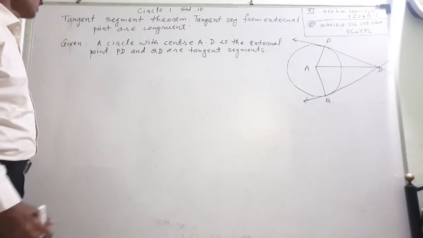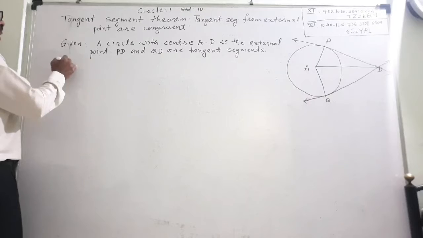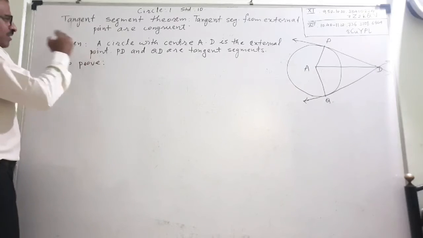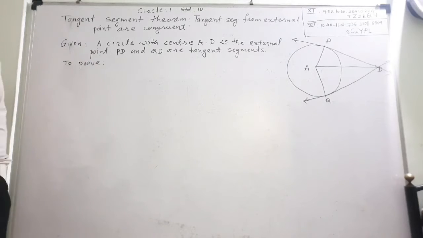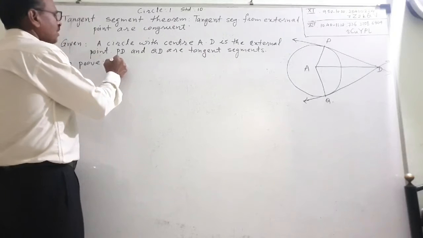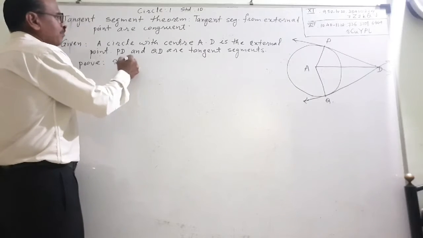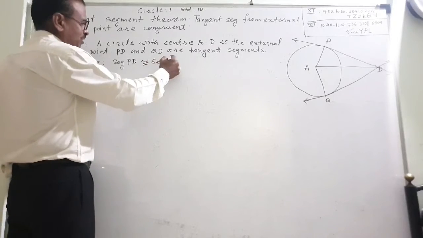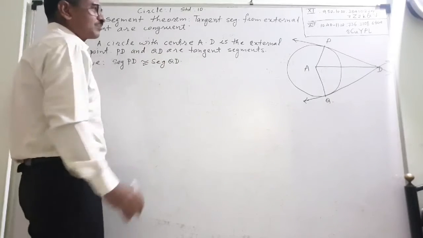Okay. What is to prove? Always remember this: given, to prove, and the proof. These are the steps. What is to prove? Segment PD is congruent to segment QD. This I have to prove.